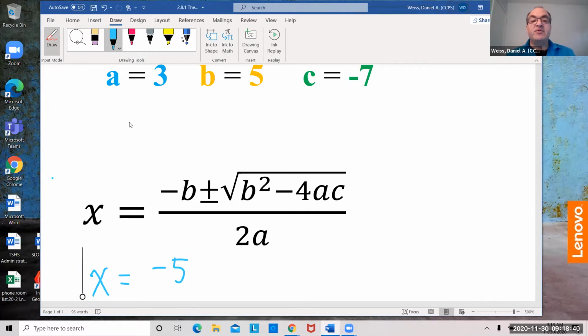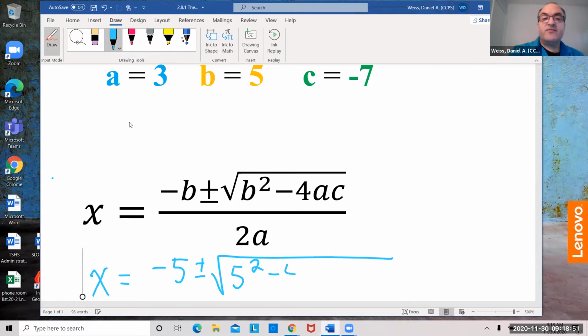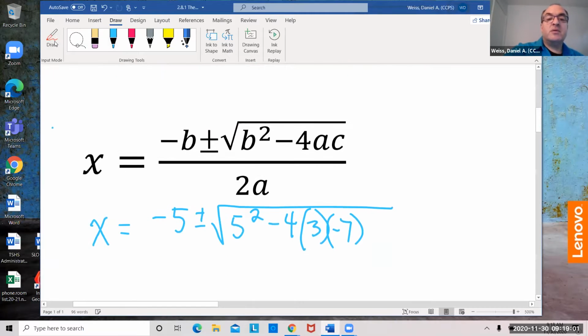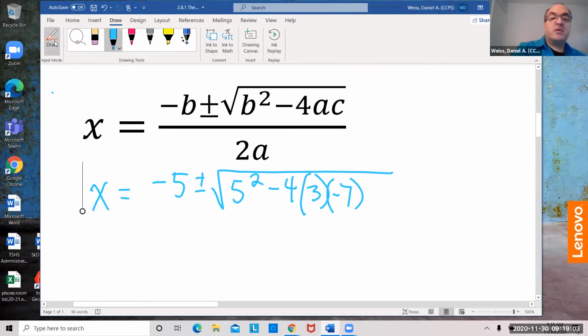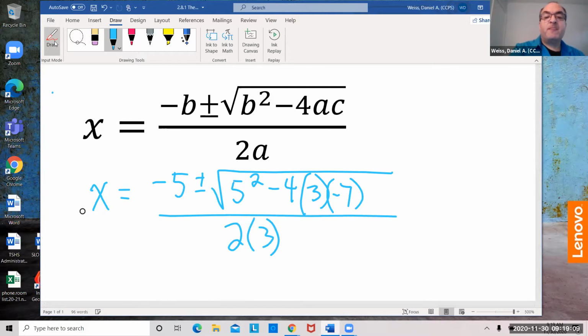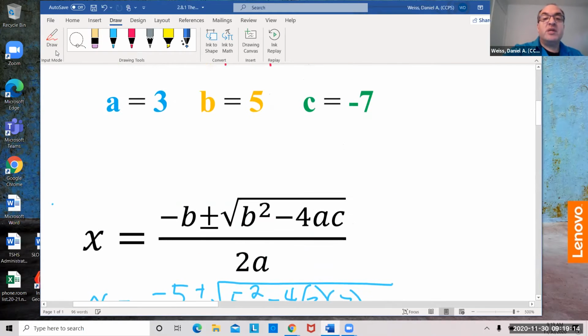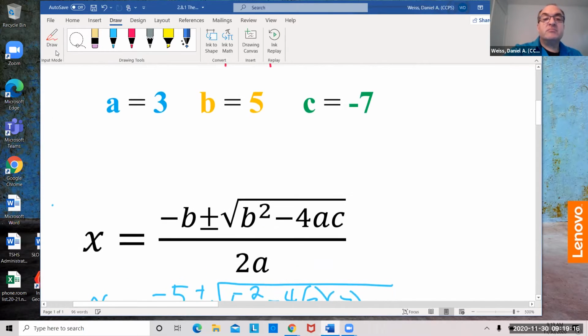B is 5, so -b is -5 plus or minus the square root of 5 squared minus 4 times 3 times -7 all over 2 times 3. Okay, so really what I've done here is I've put those 3 numbers in for the letters.